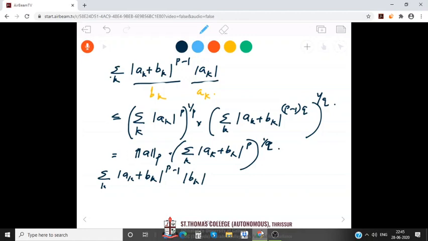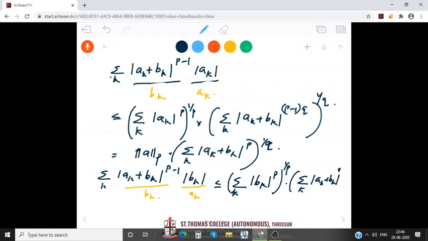So here I will take this term as ak and this thing as bk, so that by Holder's inequality, this is less than or equal to summation over k |bk| to the power p, the whole power 1 by p, product with summation over k |ak plus bk| raised to p minus 1 times q, the whole power 1 by q.